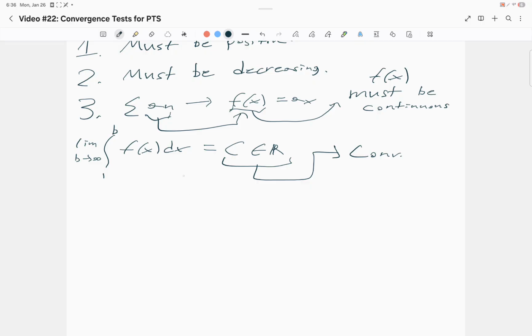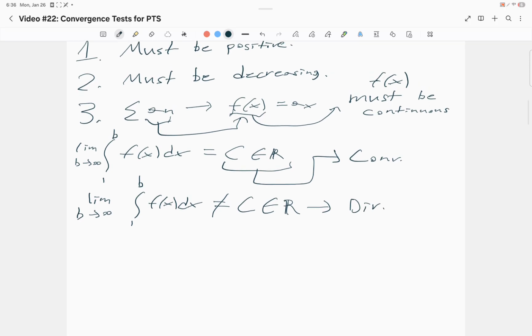If it doesn't, I'll write it again, if the integral from 1 to b, or wherever we're starting at, where b approaches infinity, because that's how you're supposed to do an improper integral, does not equal constant c, so in other words, the integral diverges, then the series is going to diverge.